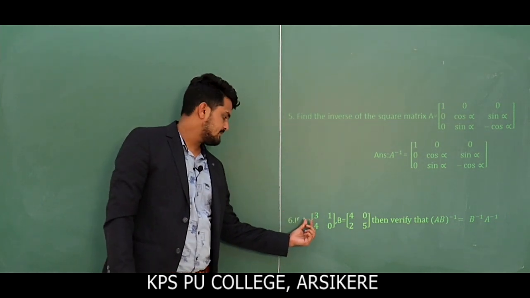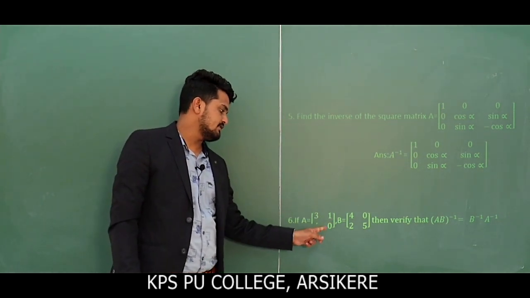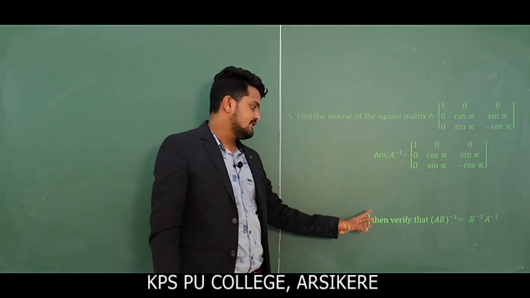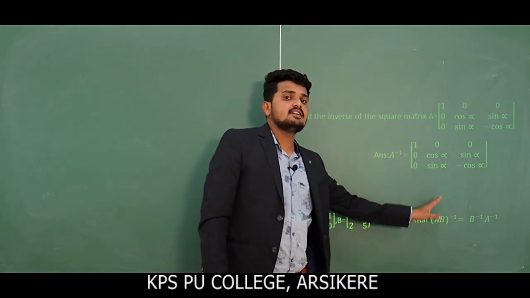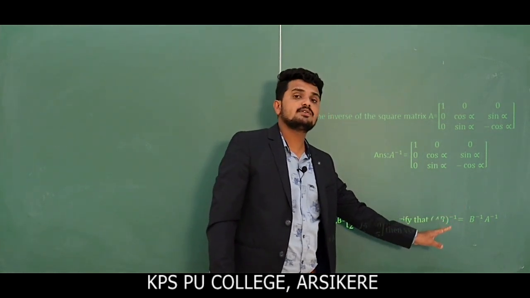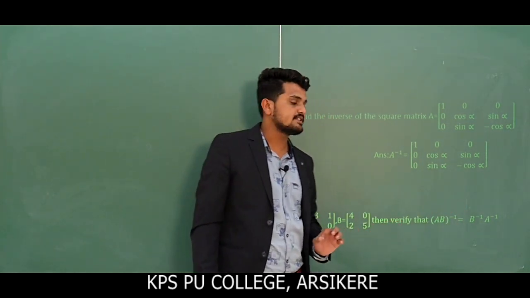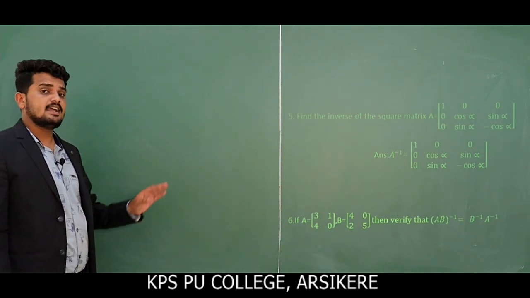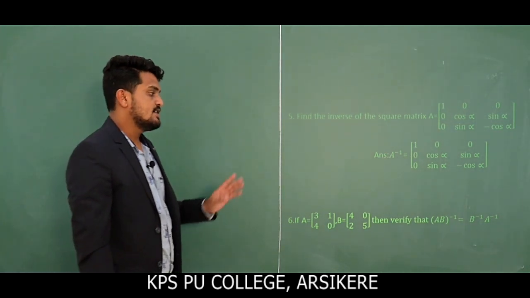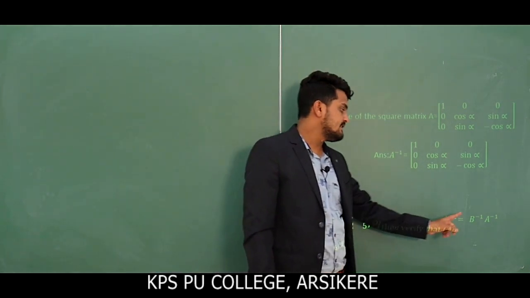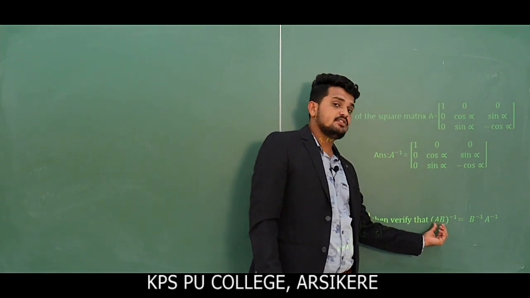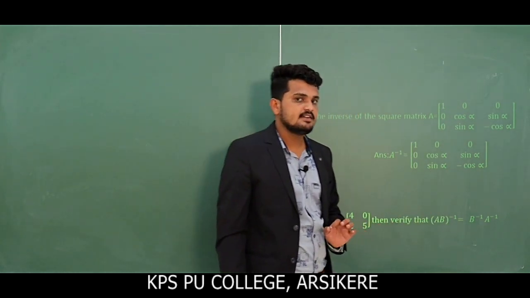If matrix A is equal to 3 1 4 0, a 2 cross 2 matrix, and B is equal to 4 0 2 5, then verify that (AB) whole inverse is equal to B inverse into A inverse. That means we have to prove that LHS is equal to RHS. So before that we have to find the B inverse value, A inverse value, AB value, and (AB) inverse value.